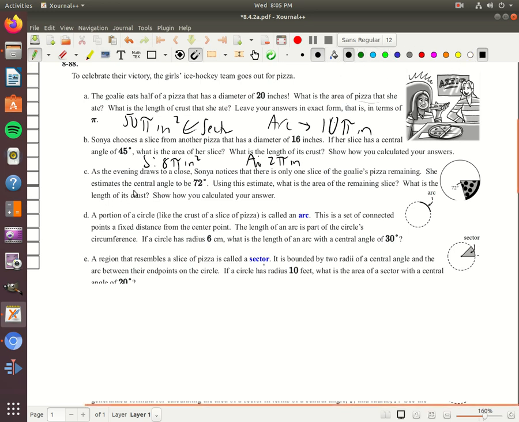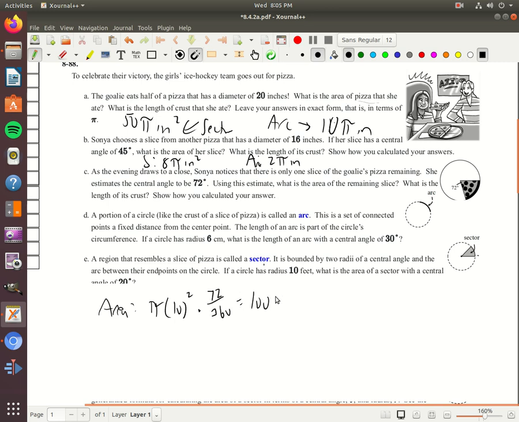Okay, so on C, evening draws to a close. Sonia notices that there is only one slice of Goldie's pizza remaining. She estimates the central angle to be 72 degrees. Again, we're going back to the Goldie's pizza, which had a radius of 10. So area is going to be pi r squared times how much we have, which is 72 over 360.